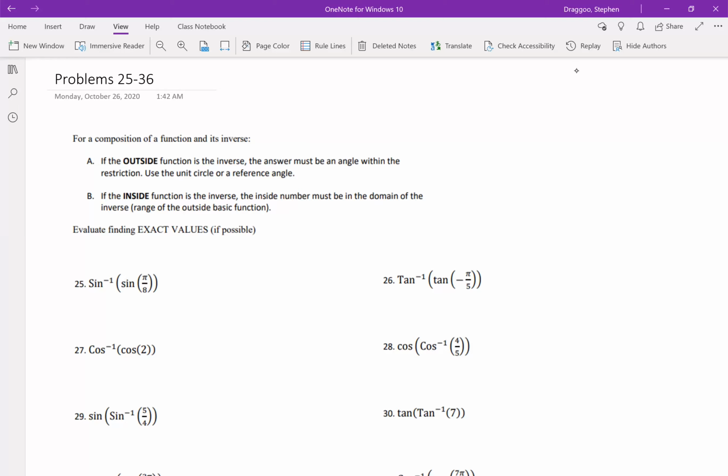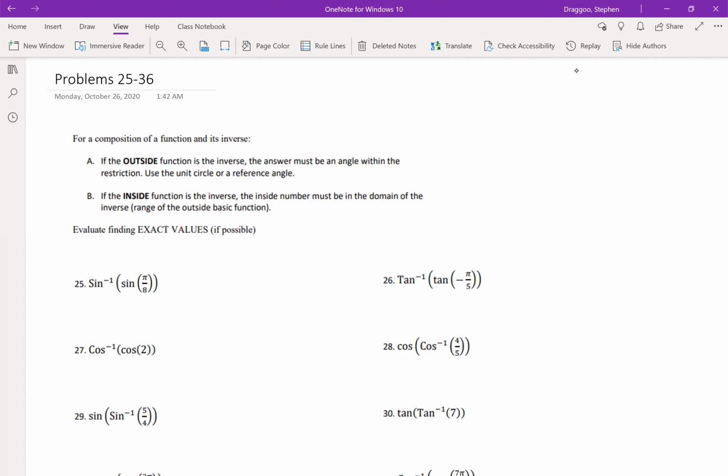So in these interactions, if the inverse function is on the outside, like in example 25, where I'm taking the sine inverse of the sine of pi over 8, again, the outside function is the inverse, then the solution is going to be an angle.